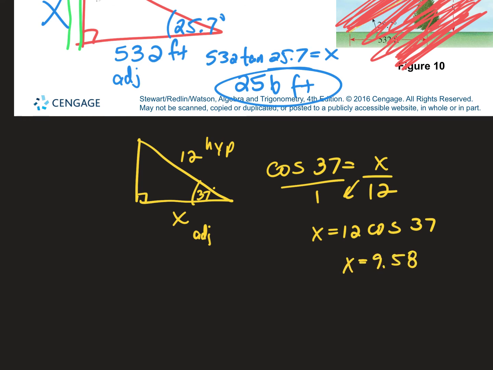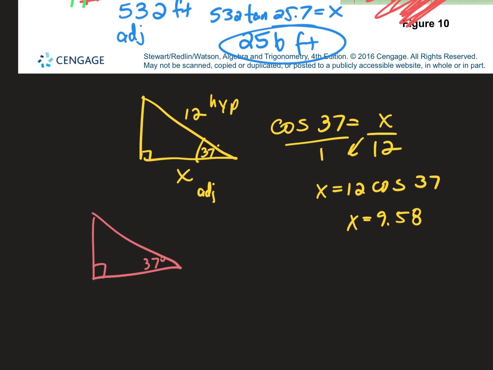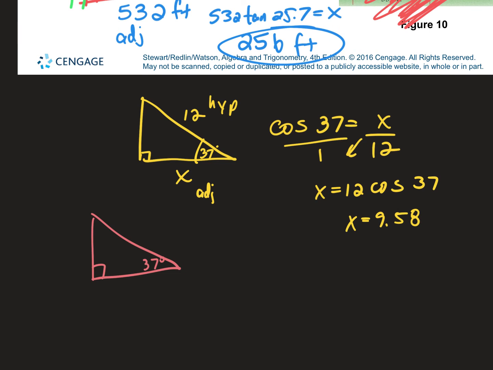What about if I have the same problem, but they tell me different information? They tell me that the angle is still 37 degrees, but the adjacent side, the distance from me to the building, is 12 feet. How long does the ladder have to be? Same exact type of problem, same exact numbers, but we're looking for something different.